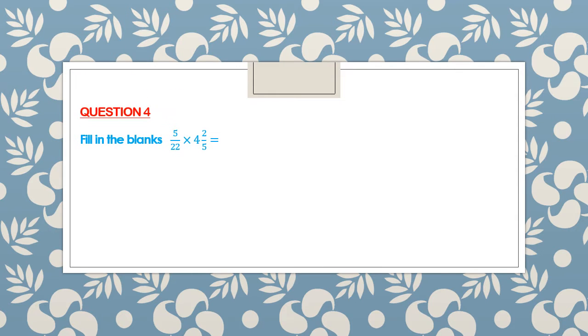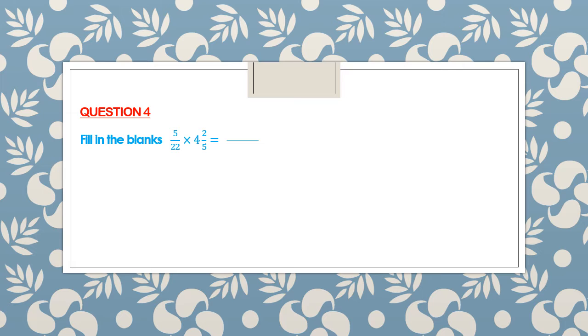Question number 4. Fill in the blanks. 5 upon 22 multiplied by 4 2 upon 5. Whatever the answer will come, we need to find out that answer. Before proceeding towards the solution, we need to convert this mixed fraction into an improper fraction. The mixed fraction here is 4 2 upon 5.